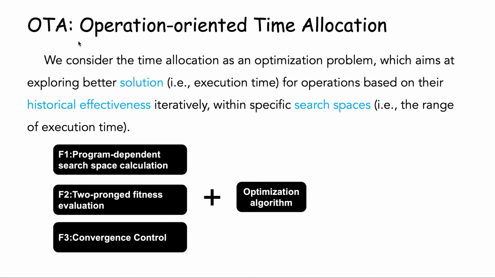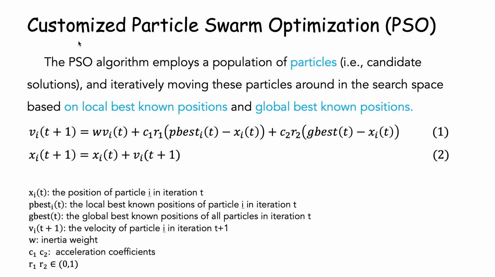Additionally, an optimization algorithm is needed for calculating execution time in the normal case. Therefore, we develop a customized particle swarm optimization. The particle swarm optimization algorithm employs a population of particles and iteratively moves these particles around in the search space based on local best positions and global best positions.